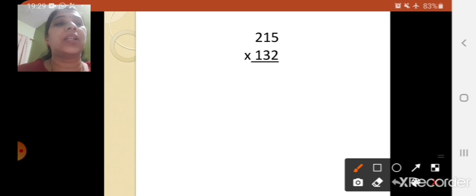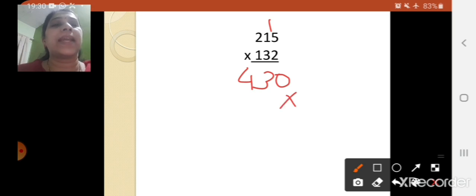215 into 132. So we'll start with multiplication by 2. So 2 5s are how much? 10. So 1 carried over. 2 1s are 2, plus 1 is 3. 2 2s are how much? 4. Right? Now with the second digit, 3 5s are how much? 15.